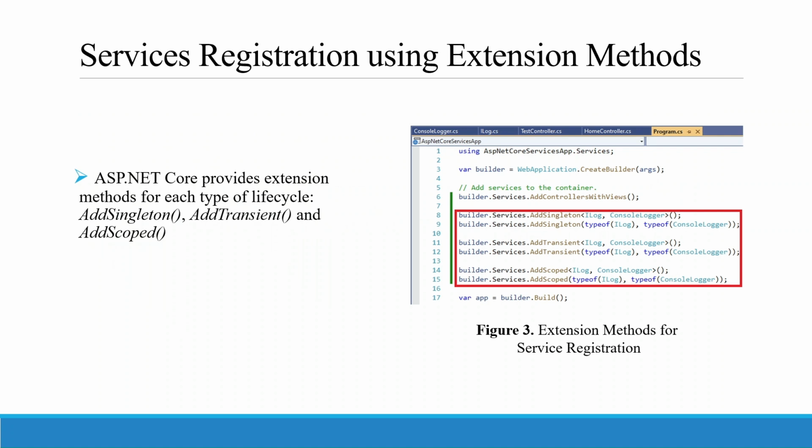ASP.NET Core provides extension methods for each type of life cycle. We have AddSingleton, AddTransient, and AddScoped for each type of life cycle. But you can use the method that we have seen earlier, Add, that registers services with the singleton lifecycle for your projects.